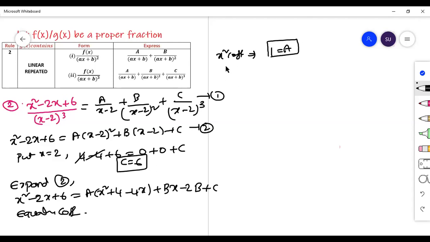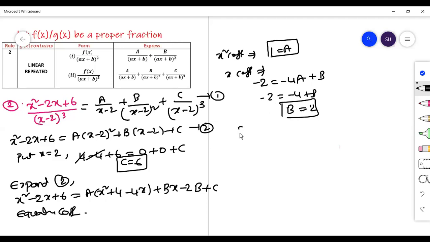Already c is there. Next, consider the x coefficient. What is the x coefficient? Minus 2 is equal to, on the right-hand side, a into minus 4x, that is minus 4a plus b. Fine. a is equal to 1, substitute here. So minus 2 is equal to minus 4 plus b. b is equal to, if it comes to this side, plus 4, 4 minus 2 is 2. That's it.